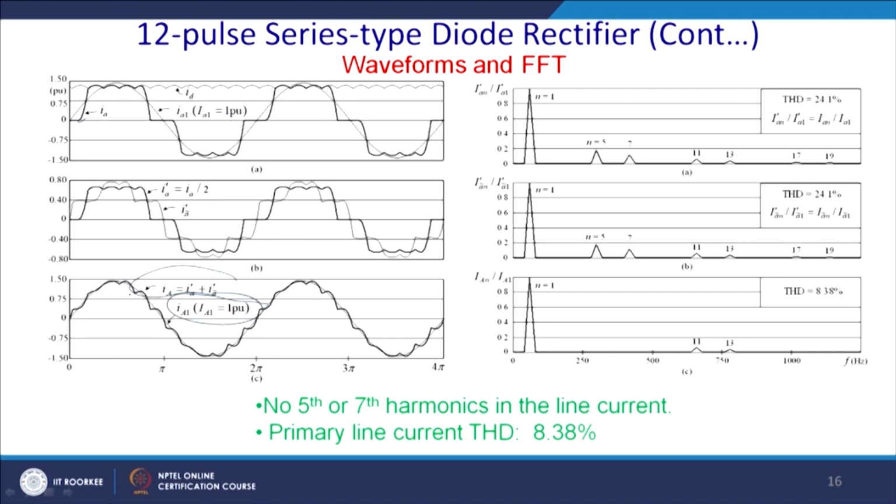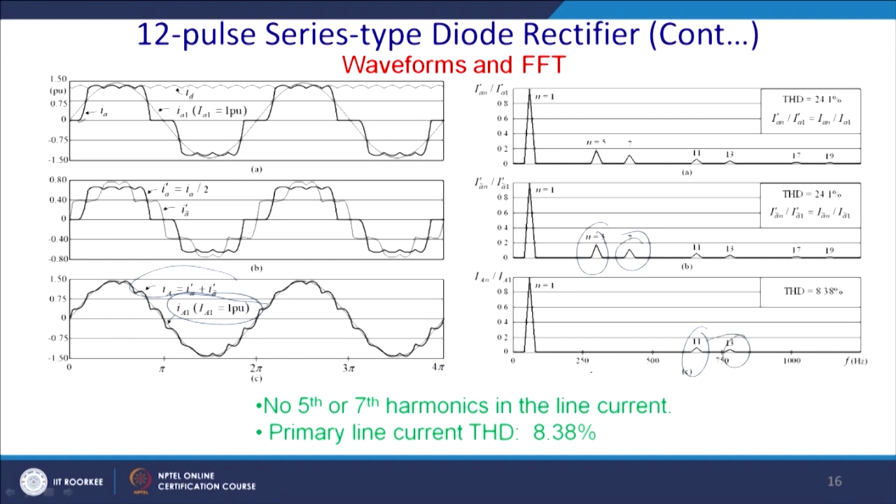As you know, there will be a fundamental as well as fifth and 7th, but the fifth and 7th will cancel out since they are 30 degrees phase shifted. Fifth and 7th of equal magnitude but opposite direction cancel out, and ultimately you will have 11 and 13.